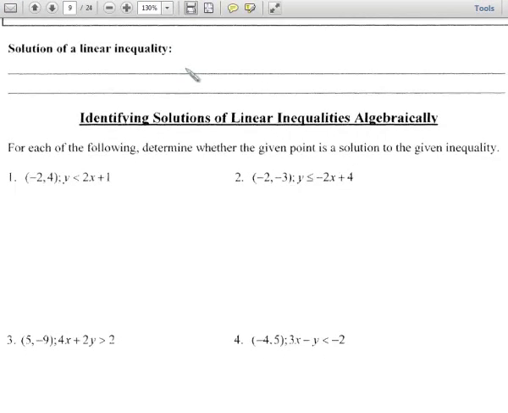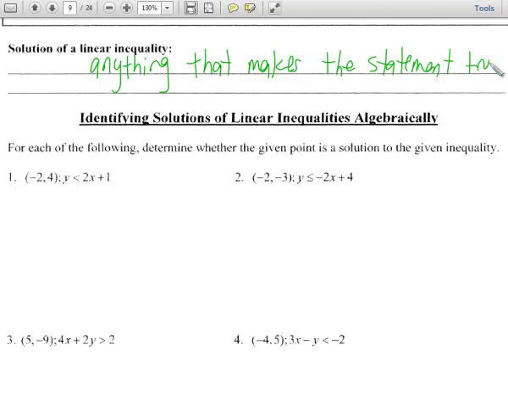The solution of a linear inequality is anything that makes the statement true. You really need to know what a solution of a linear inequality is.